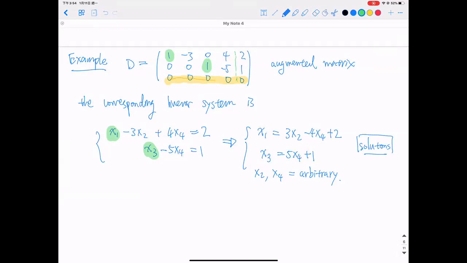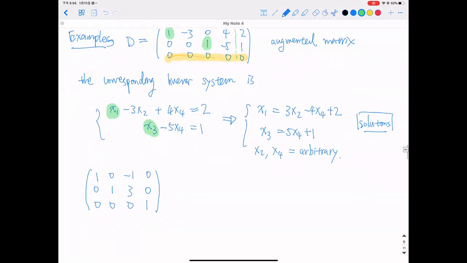So let's do one more example, maybe. Examples. 1, 0, -1, 0 / 0, 1, 3, 0 / 0, 0, 0, 1.